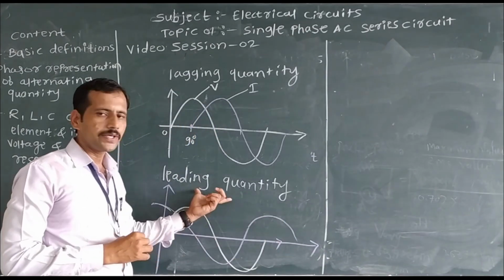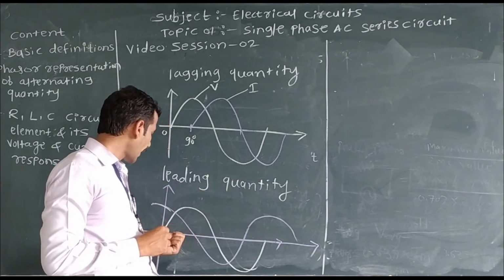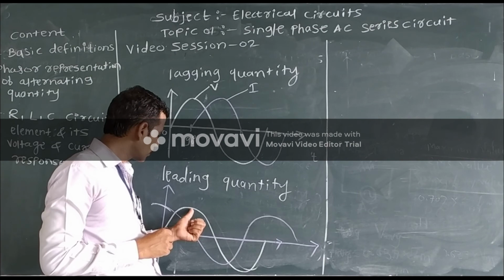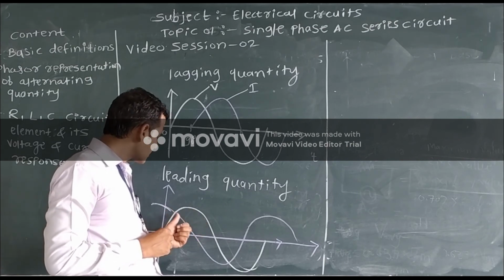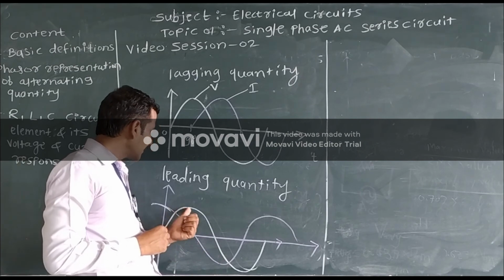Means a leading quantity is a quantity which reaches its zero and maximum value earlier than the other quantity.